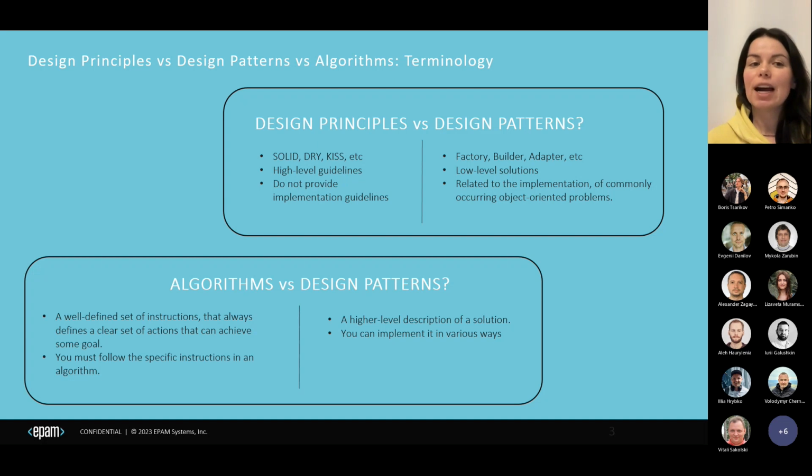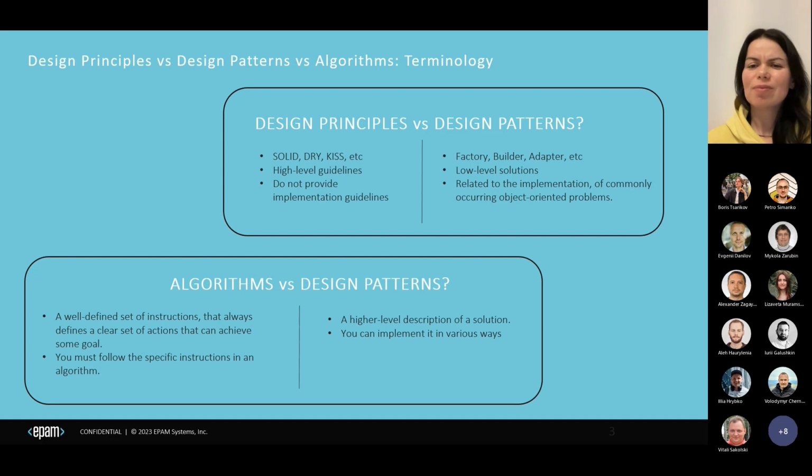If we compare algorithms and design patterns, what is the difference? While an algorithm is a well-defined set of instructions that always defines a clear set of actions that can achieve some goal, a design pattern is a high-level description of a solution. So you can see that design patterns go above algorithms, and design principles go even higher than design patterns.